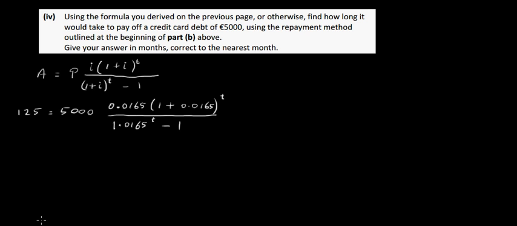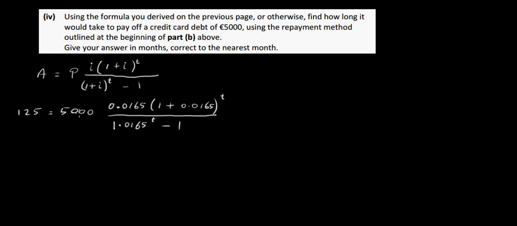Okay, so we've got to try and isolate T. We have a T down here, we have a T up here, so we've got to work out what T is. First thing I'm going to do here is divide across by 5,000, because this 5,000 is multiplied by everything. And I'm also going to divide across by 0.0165, because that's multiplied by this fraction here as well, if you like.